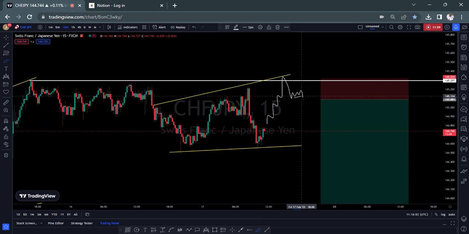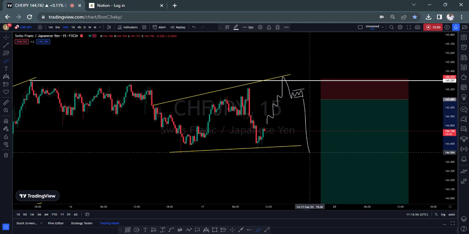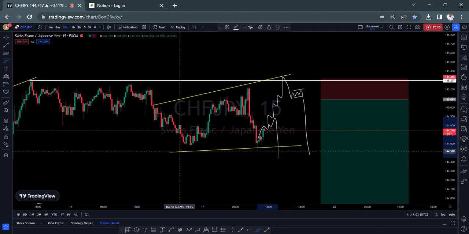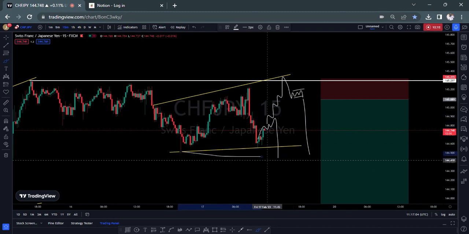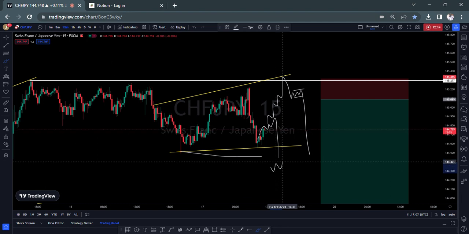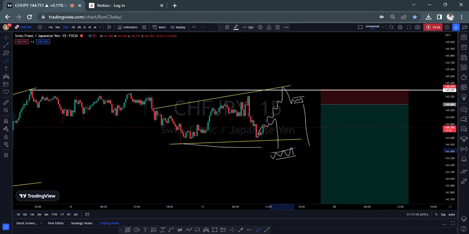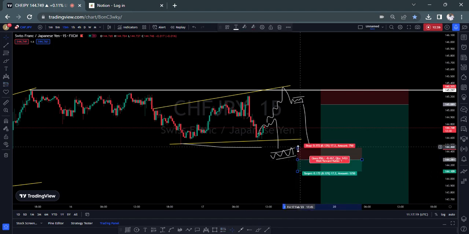I'll go to the 5 minutes for a correction and then enter the trade for a sell to the downside. Or if this thing just trickles its way up and just drops and breaks this structure here, this low here, I'm waiting for a bigger correction to enter this trade for a sell.